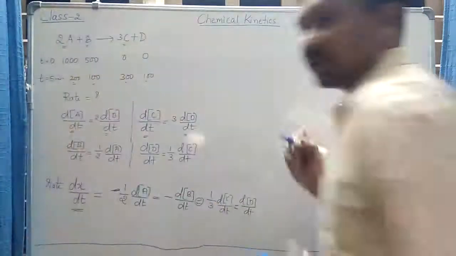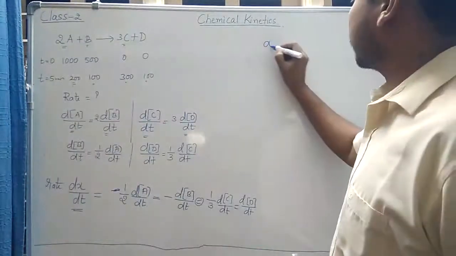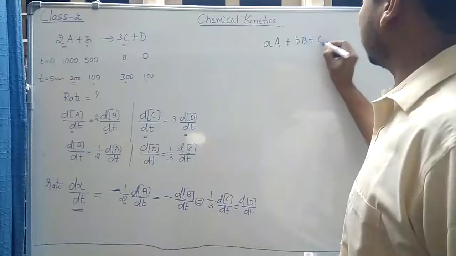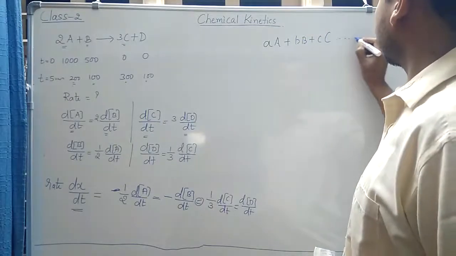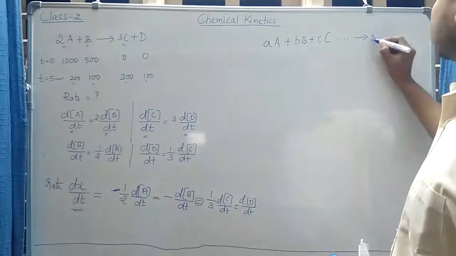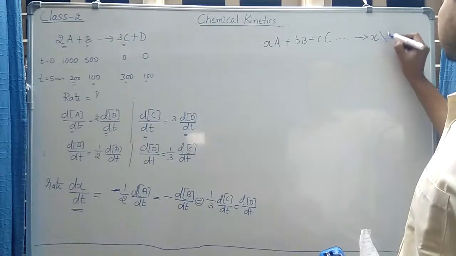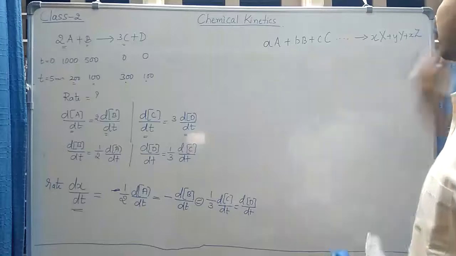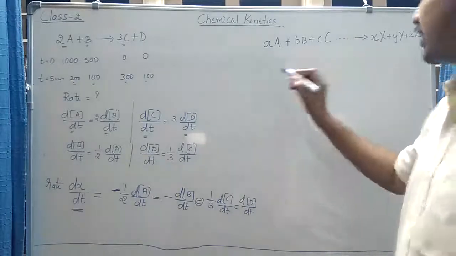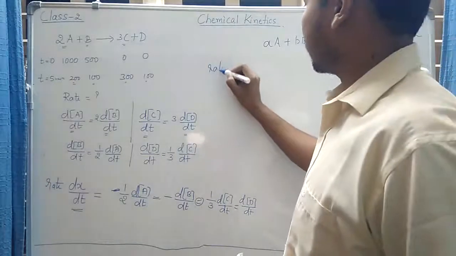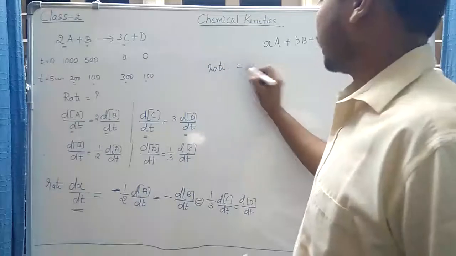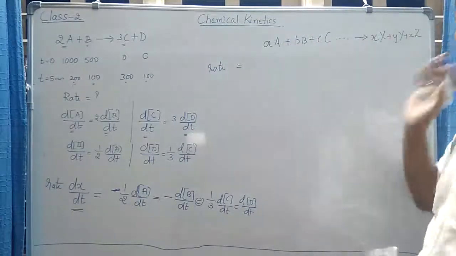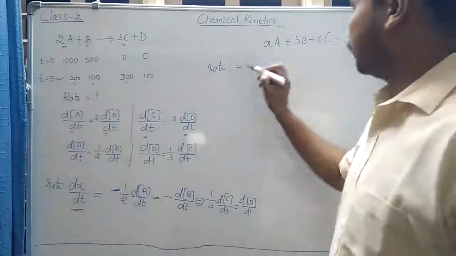In general, if I take a stoichiometric equation, a molecules of A plus b molecules of B plus c molecules of C, giving x molecules of X plus y molecules of Y plus z molecules of Z, in such a case, how will you write the rate of a reaction? The rate of a reaction can be expressed in terms of one of the reactants or one of the products. How will you equate them?